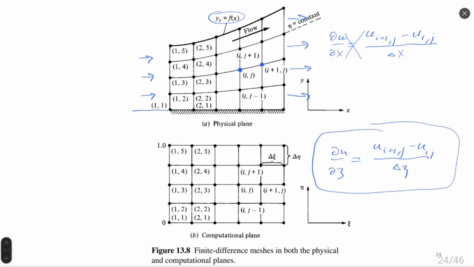We solve our equation system in such way, and then as the third step, we make reverse transformation and we go back to the physical plane. So: transformation to receive the computational plane, write equations, solve equations, transform back to the physical plane and visualize.